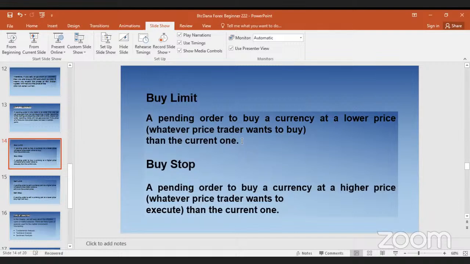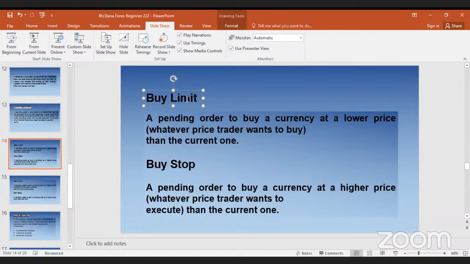The process in which you place the order at that particular point you want the market to get to is what we call a buy limit. You place your buy limit on that price so that when your market gets to that price, it starts to shoot up. We call such an order a buy limit order.